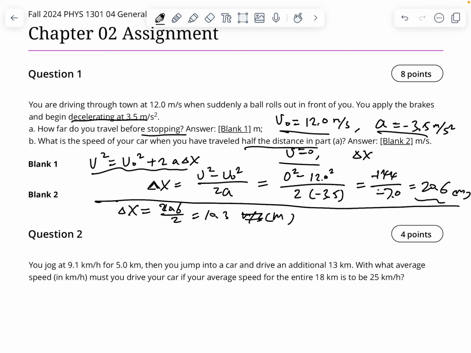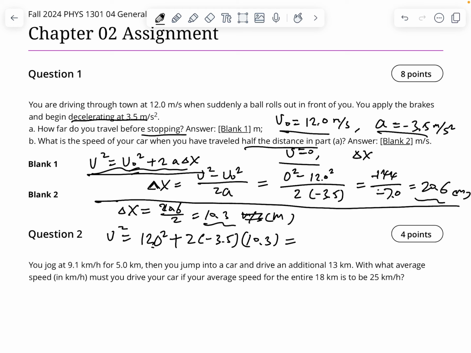And then what's our speed? Here you can use the same equation. V squared equals 12.0 squared plus 2 times negative 3.5, and the displacement is 10.3.